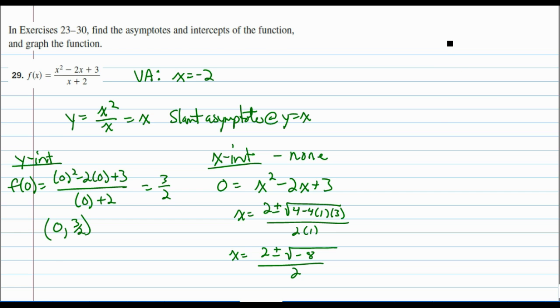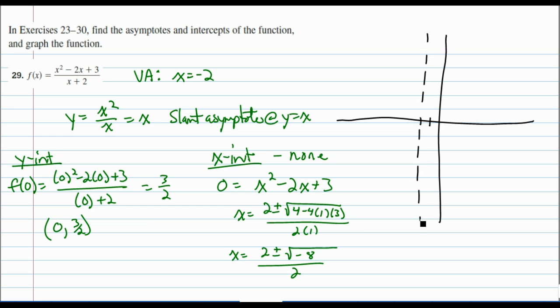So now I've got some valuable information that I can use to help graph. I've got a vertical asymptote at x equals -2, a slant asymptote at y equals x, and a y-intercept at (0, 3/2).